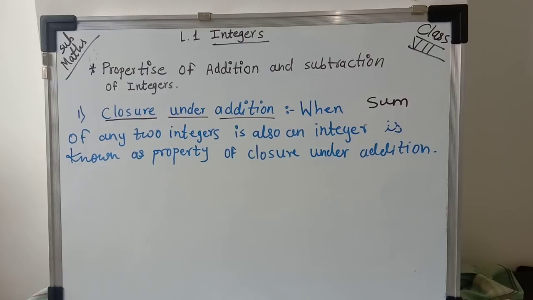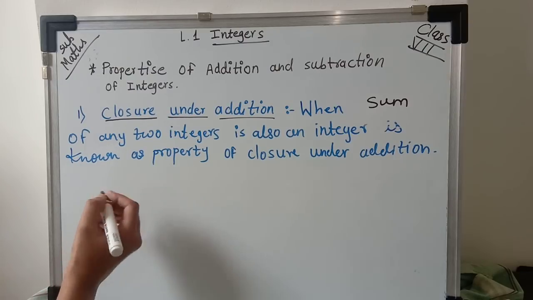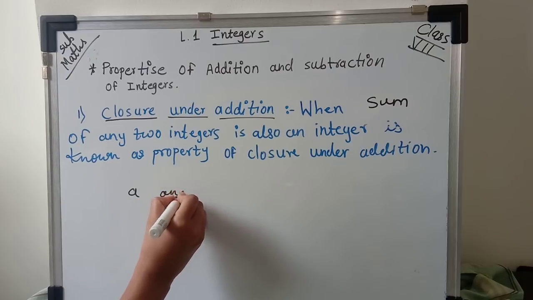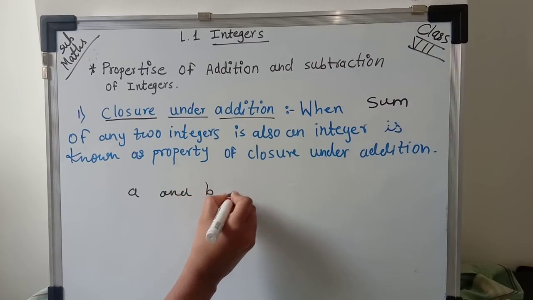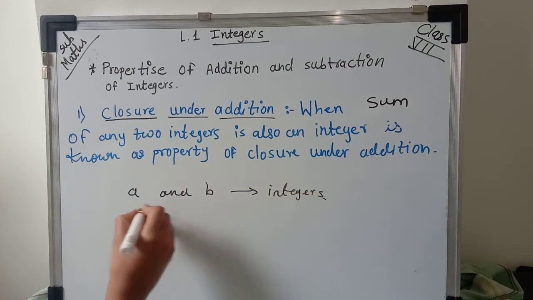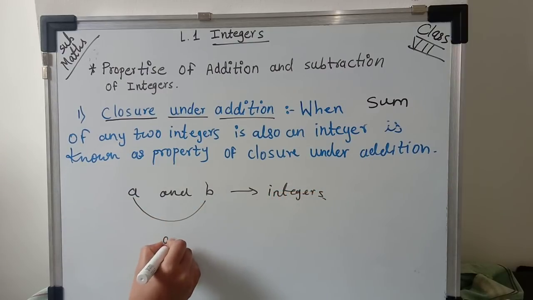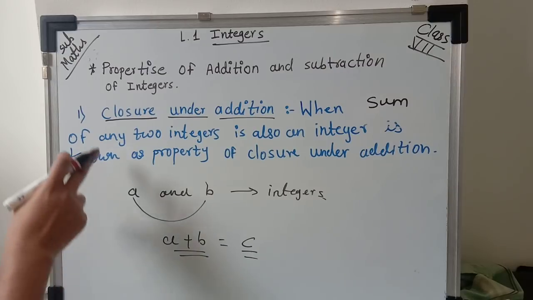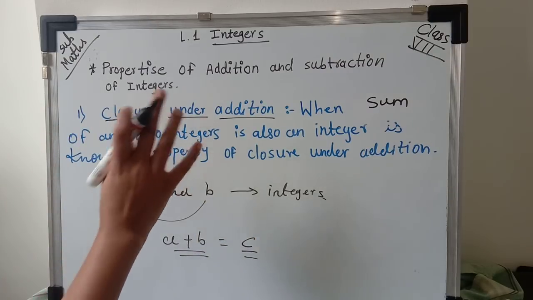So here also, suppose we consider a and b, both are integers. If we add them together, a plus b, whatever value comes after the addition, that value is also an integer, and that property is known as closure under addition.